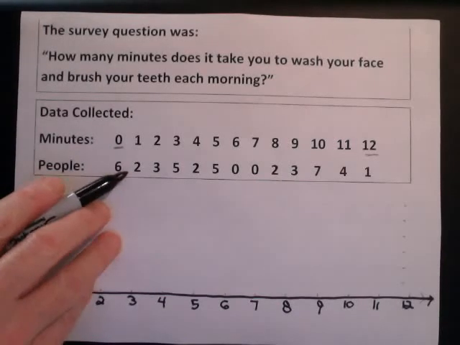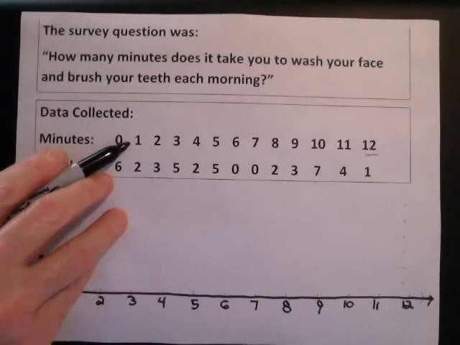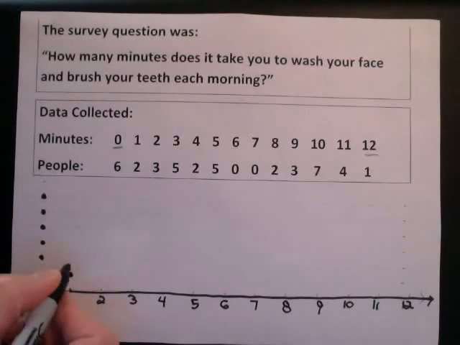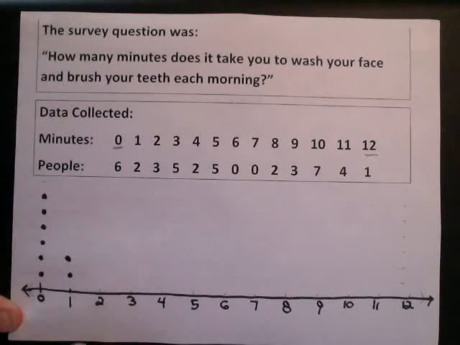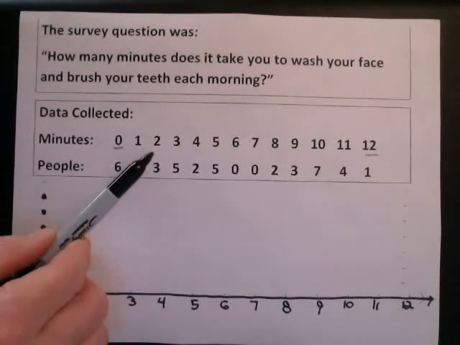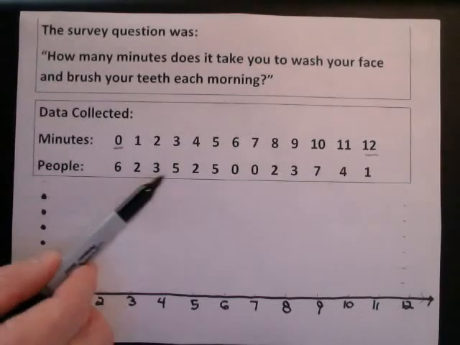Then we have 2 people who spend at least 1 minute. So we have 2 dots above the 1 minute mark. Then we say, okay, what about the people surveyed who spend 2 minutes brushing and washing? 3 people do.